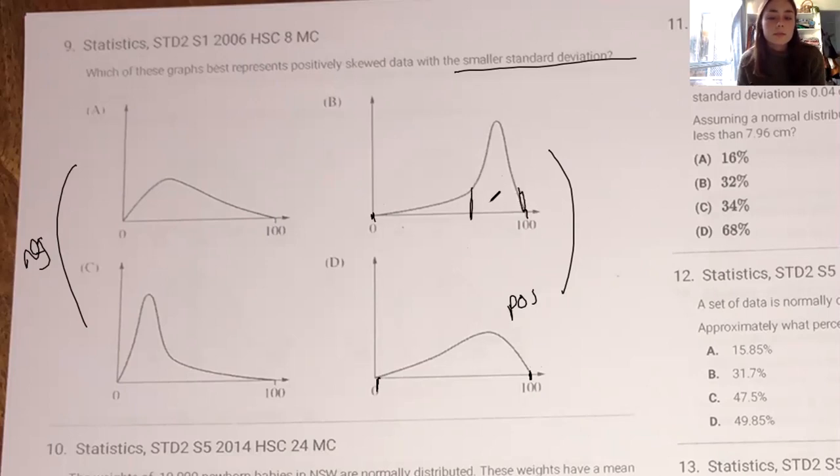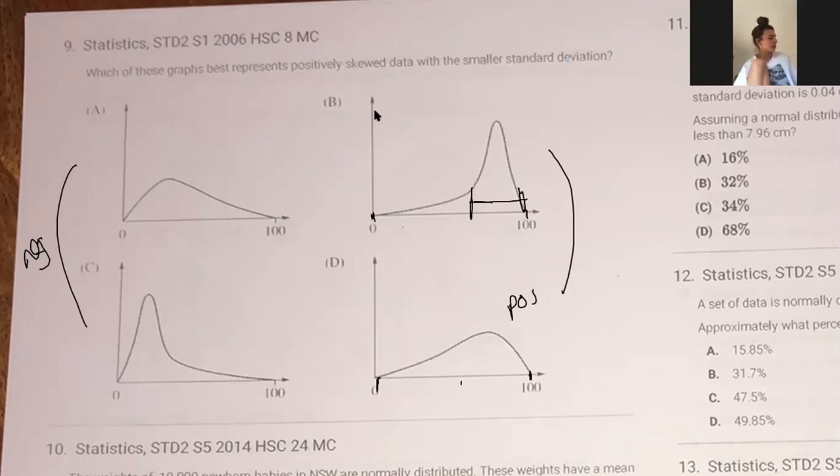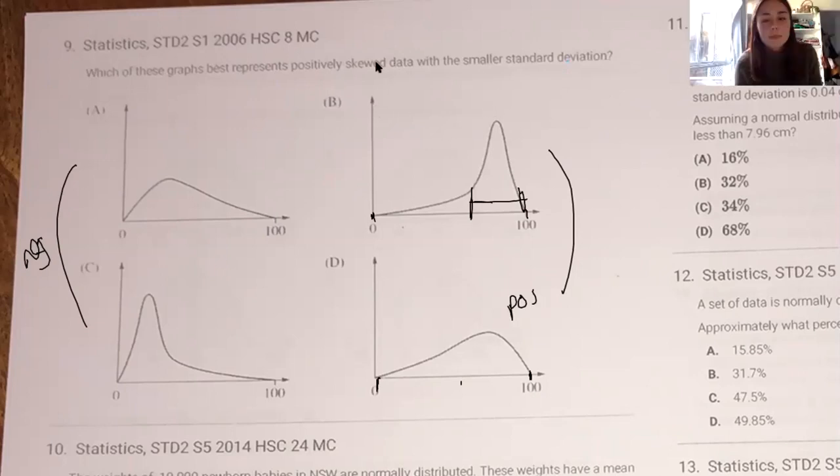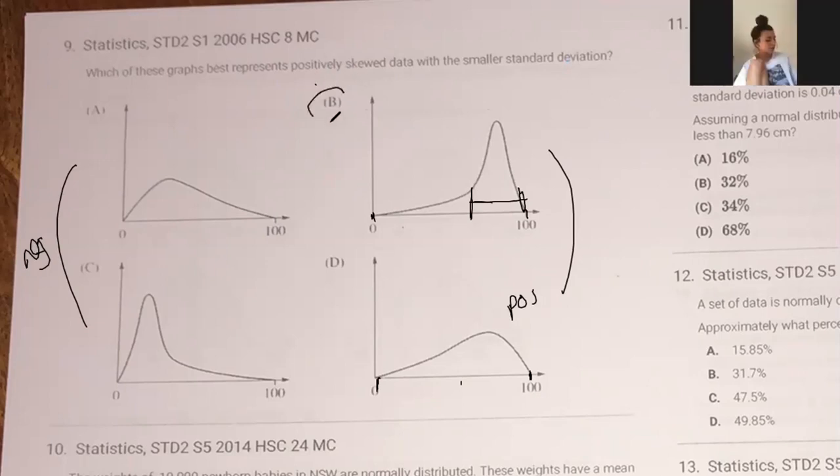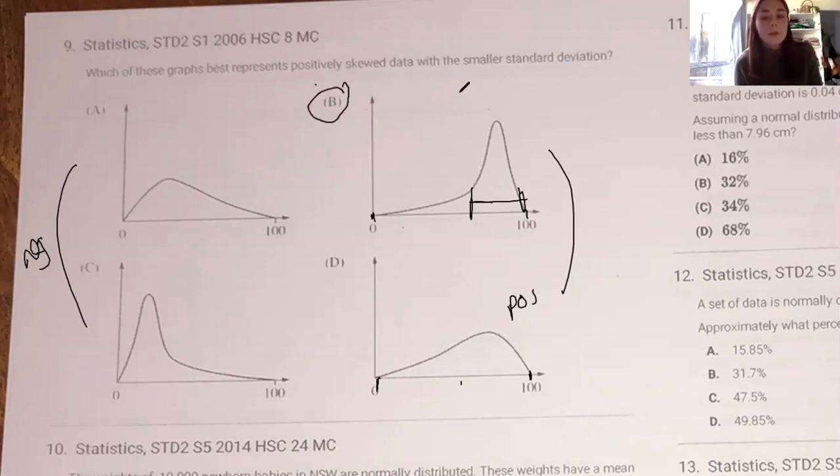Do you think? Whereas D is more spread out. Do you see what I'm trying to say? I don't know. Yeah. No, I do. I just don't know the answer. Does this have answers?